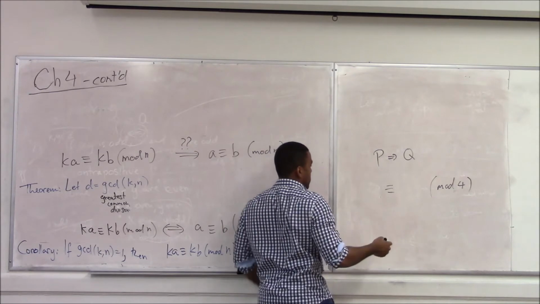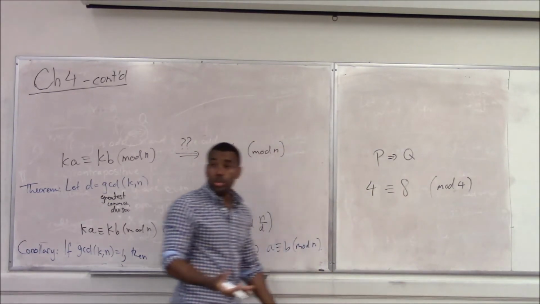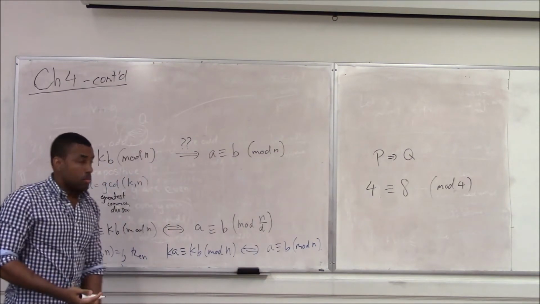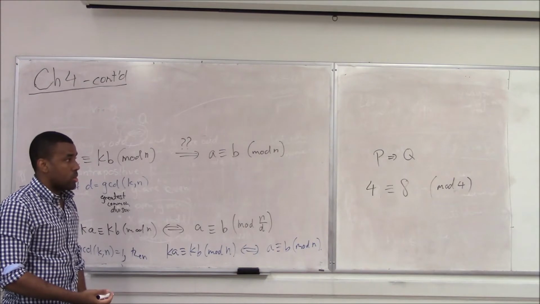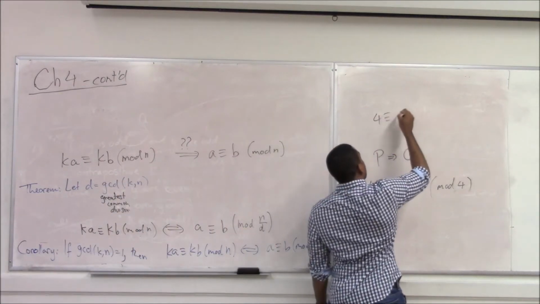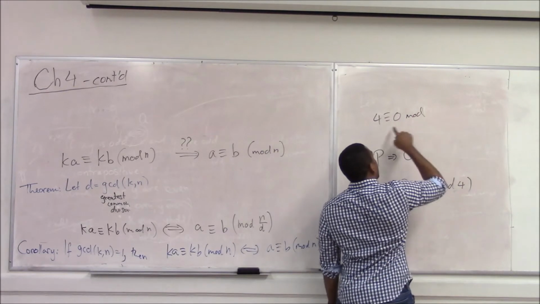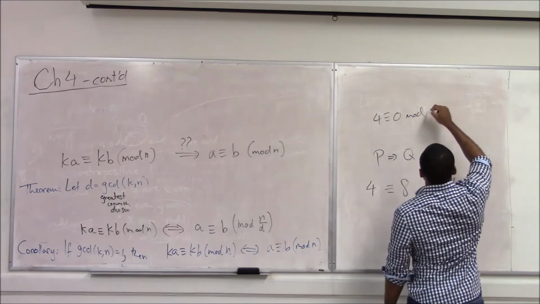So I could have, say, a 4 here and an 8 here, and that would be true, because they both have remainder 0 when you divide by 4. So they're both equivalent mod 4. The idea is your 4, while it's not 0, is equivalent to 0 when we're talking about this equation.